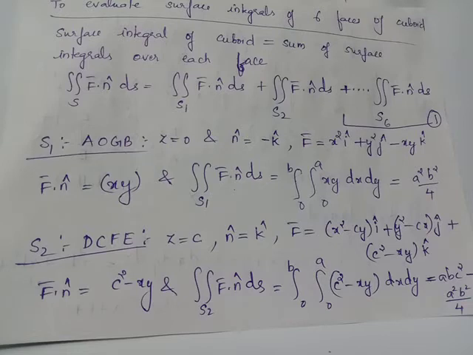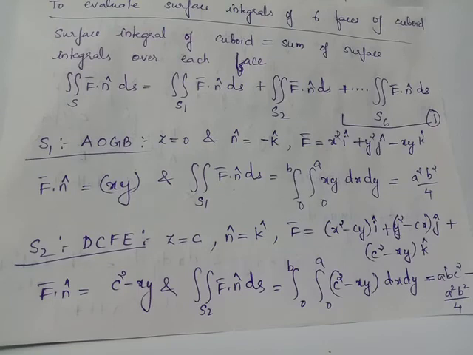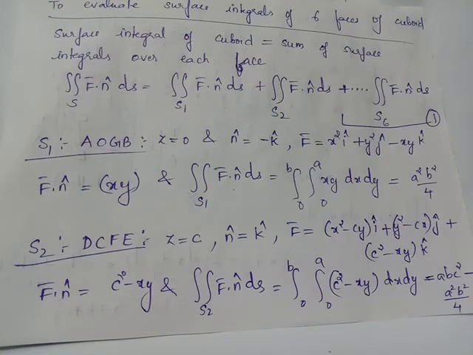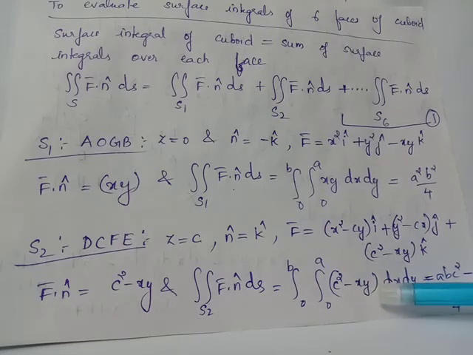Therefore, in the given expression of the vector field f bar, we will give z equals c and we obtain this corresponding vector field. Now we will take the dot product between f bar and n cap. Therefore, we obtain f bar dot n cap equals c square minus xy. Thus, the surface integral will be equal to integral 0 to b integral 0 to a of f bar dot n cap, which is obtained as c square minus xy.